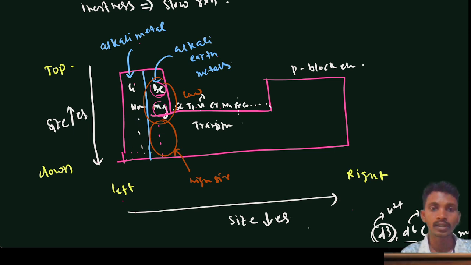So this will fall in the low size category, while all of these are in the high size category, because they are fully in the leftmost part, but these come after. So the size somehow decreases from here to here, and also from top to down size increases. So this top one has a little low size. It means that these two elements fall in the low size category compared to this and this.